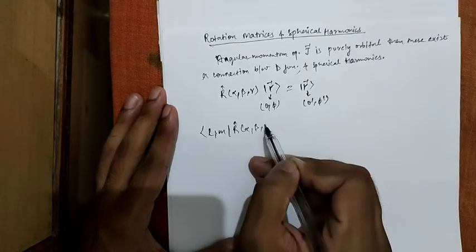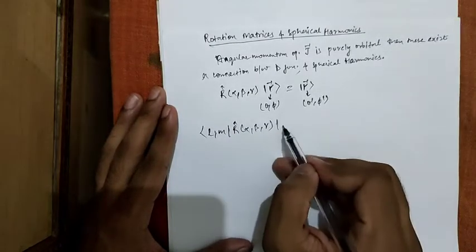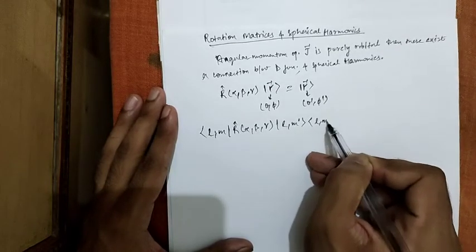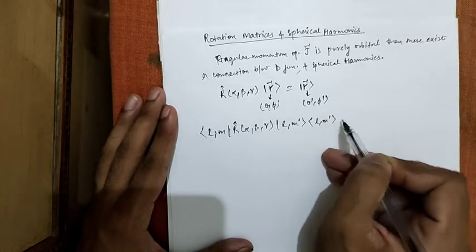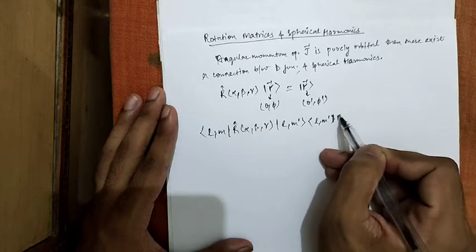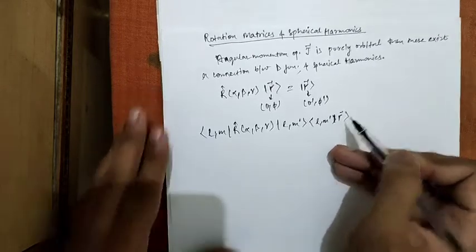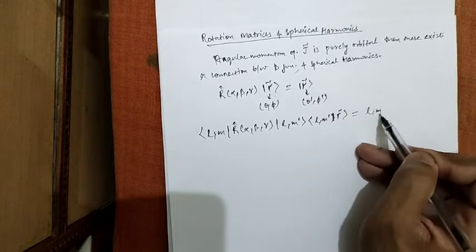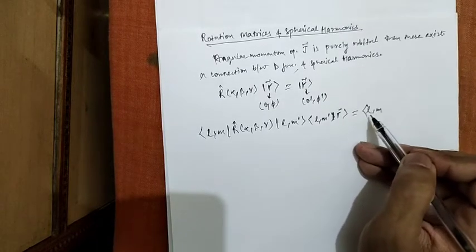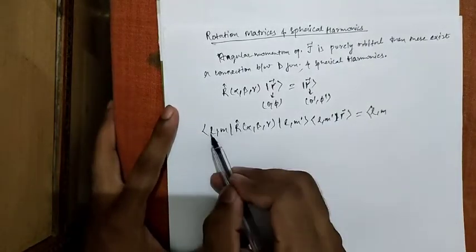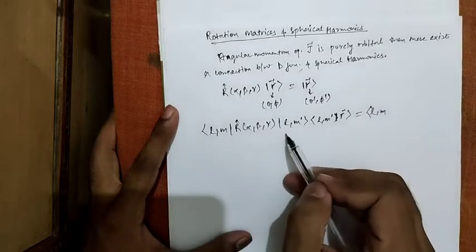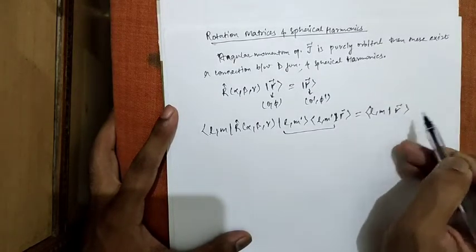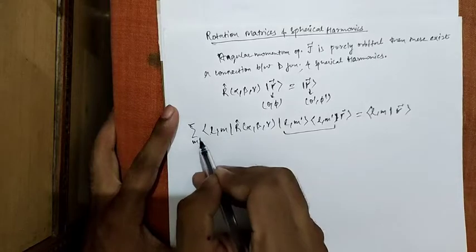R(alpha, beta, gamma) lm equals... Here I am multiplying this lm on this side and using the identity operator, summation over m dash.